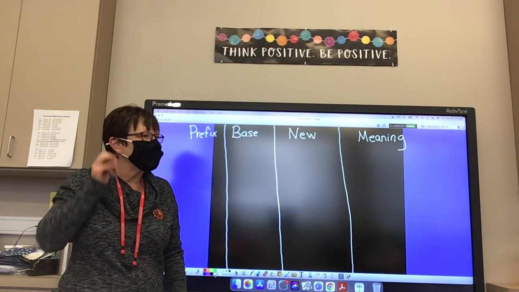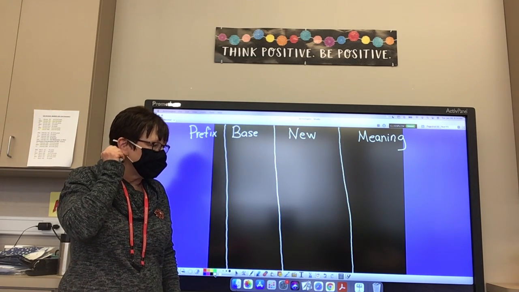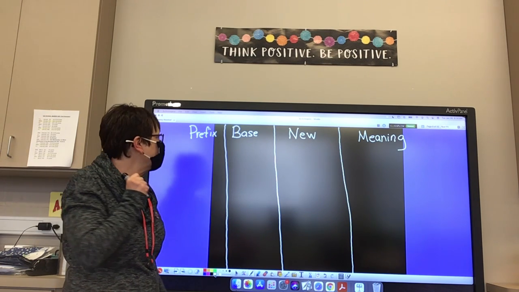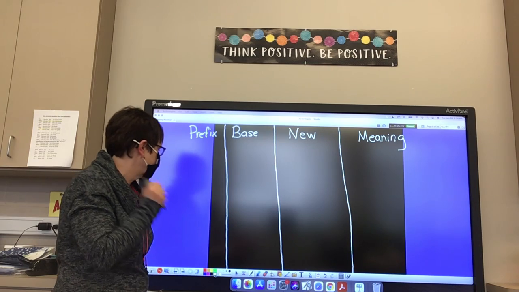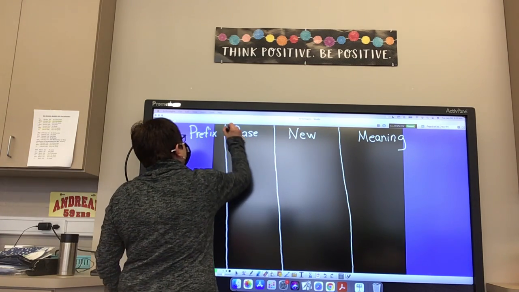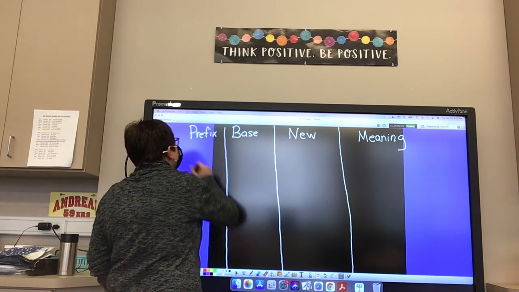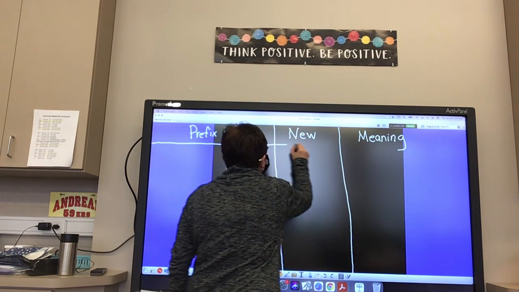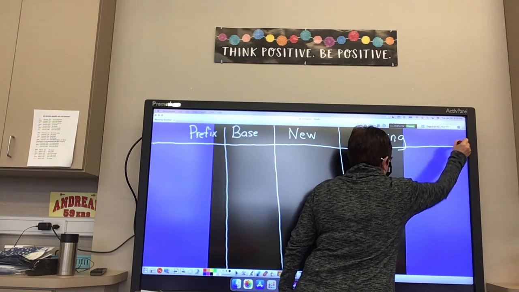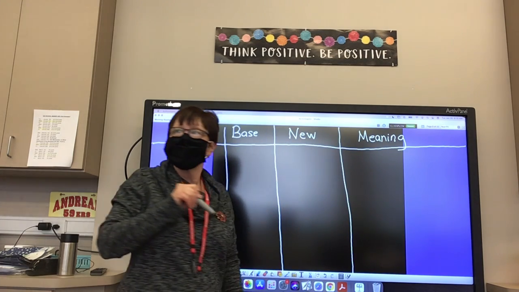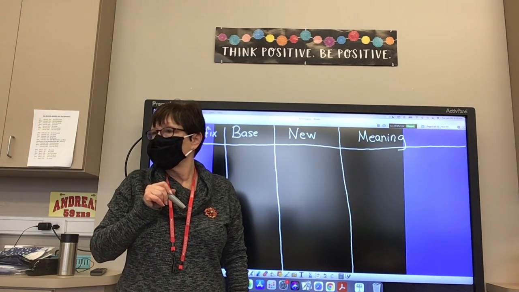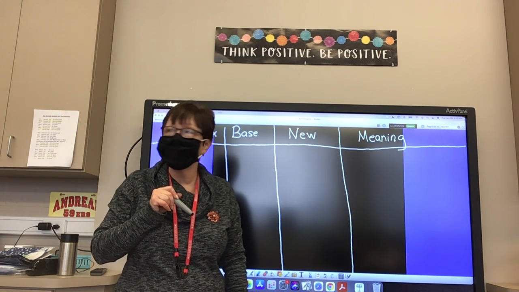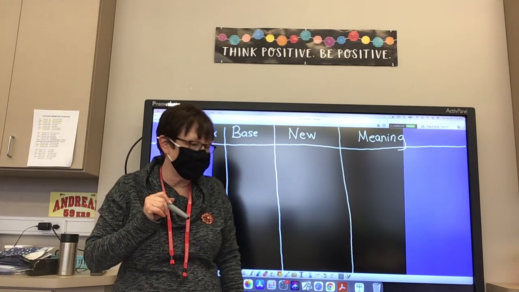Okay, so let's get our sections together. And so we're going to make some new words today. So let's label them at the top so we're ready. Make sure we have enough room to write our words.